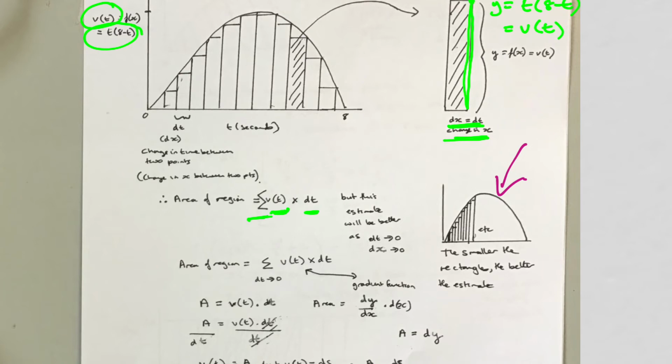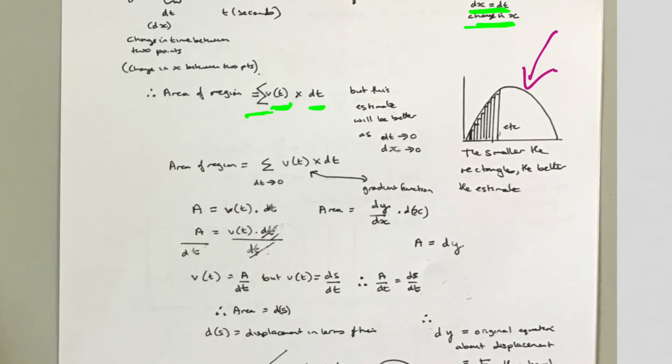So hopefully it makes complete sense. So basically the area of the region is going to be the sum of all of these things added together. And we are going to have the y value times the x value for all of those little blocks that we're going to add up, right? And at the same time, the change in x, dx, is going to tend towards 0.